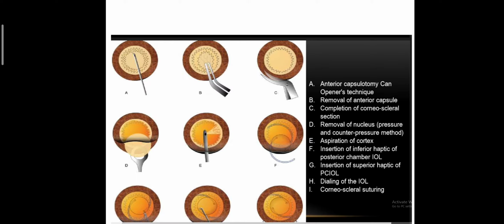And we are putting an anterior chamber IOL or different IOLs which don't need posterior capsule support, like iris clip or scleral fixated lens.